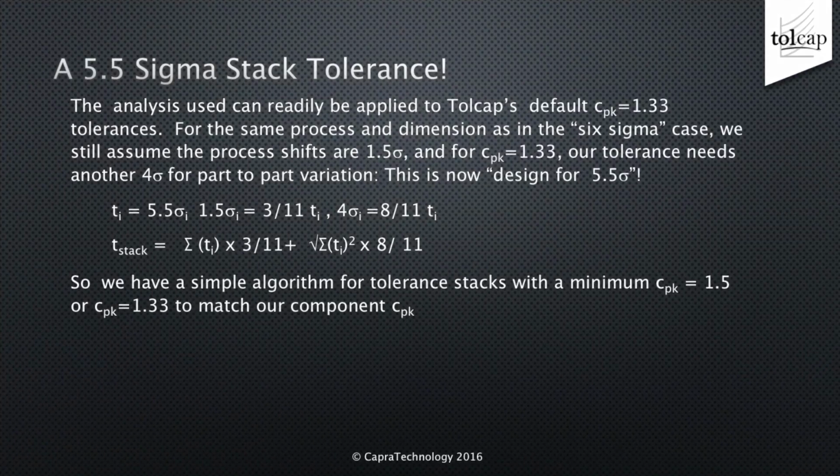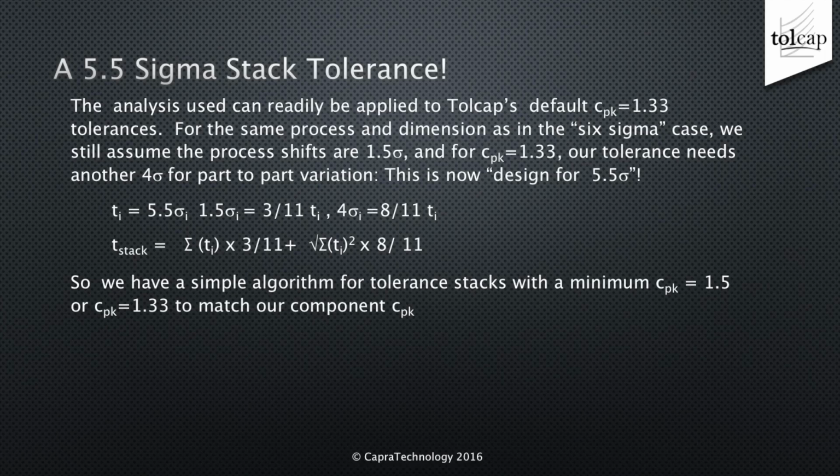The analysis used can readily be applied to Tolcap's default CPK is 1.33 tolerances. For the same process and dimension as in the 6 sigma case, we still assume the process shifts are 1.5 sigma. And for CPK is 1.33, our tolerance needs another 4 sigma for part-to-part variation. So now this is designed for 5.5 sigma.